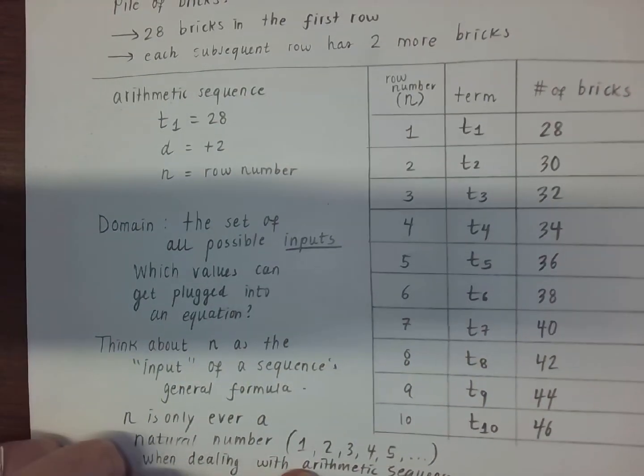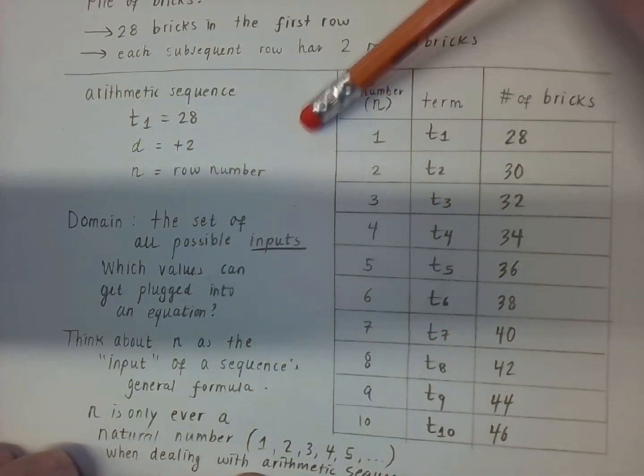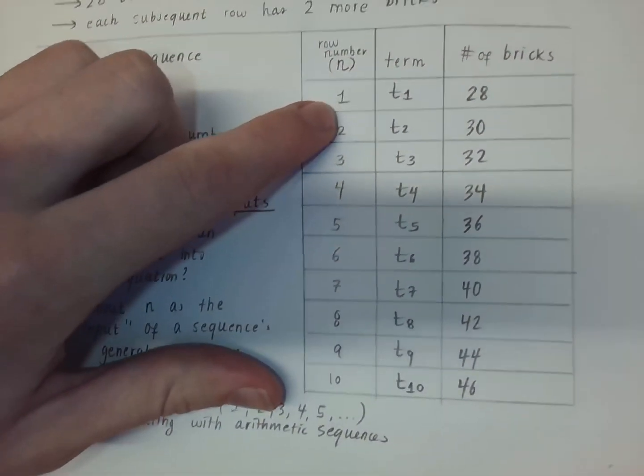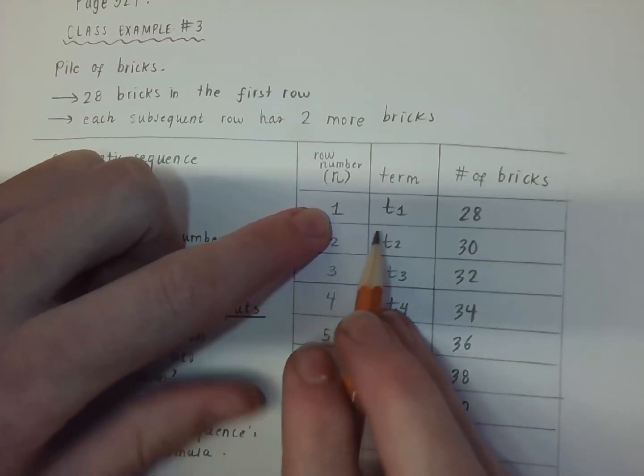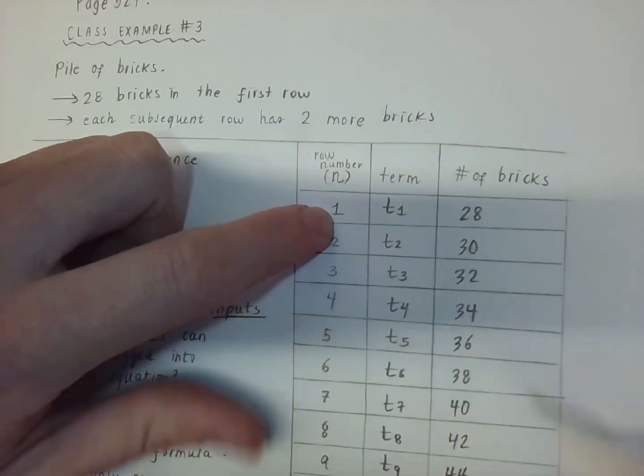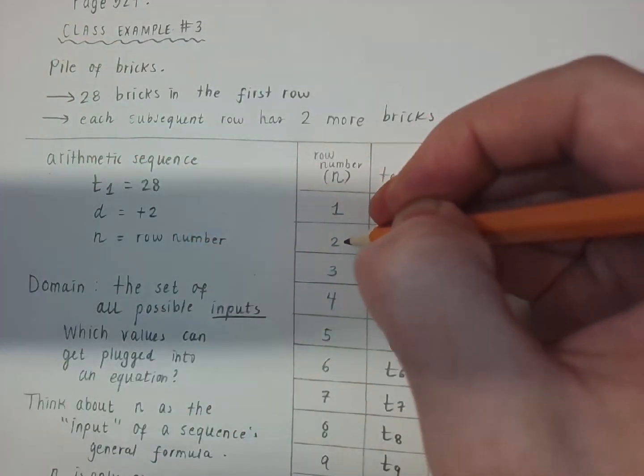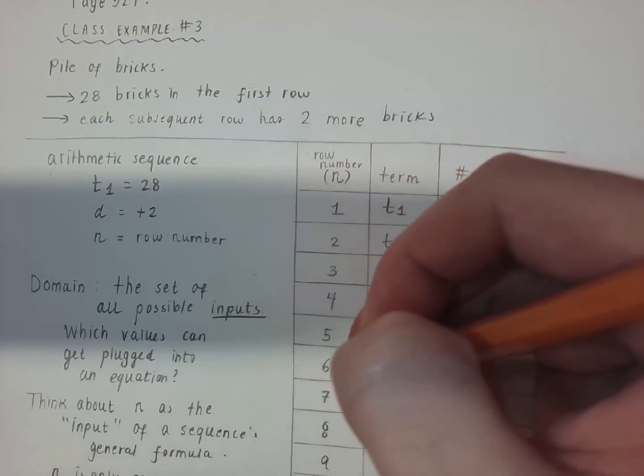Because we can't have the 1.125 term. We have to have just the first term, the second term, the third term, the fourth term, the fifth term, the sixth term.